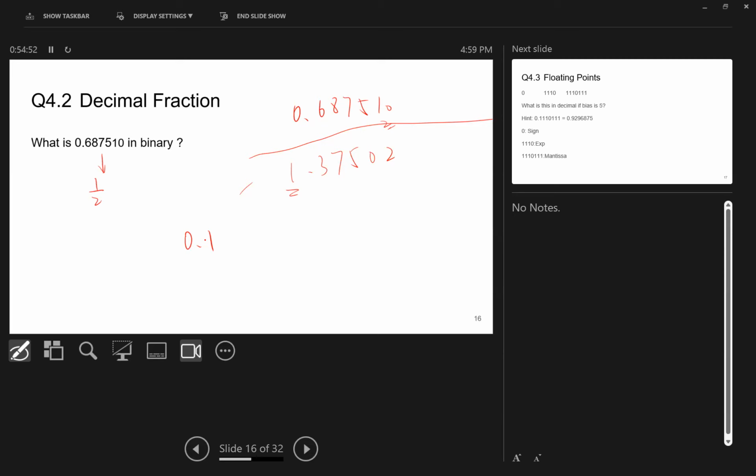Okay, so we just discuss the integer part and do multiplication for the fraction part once again. Okay, so the result should be 1, 5, 7, right?